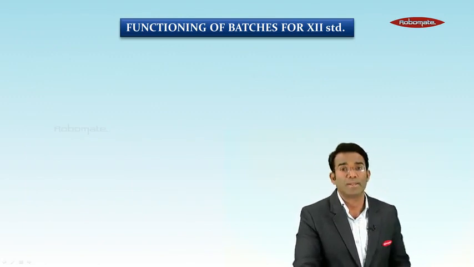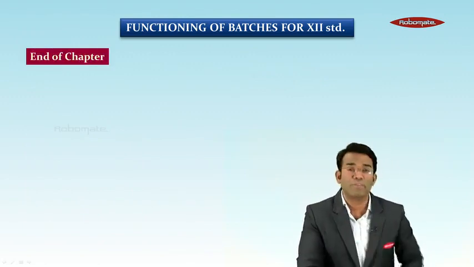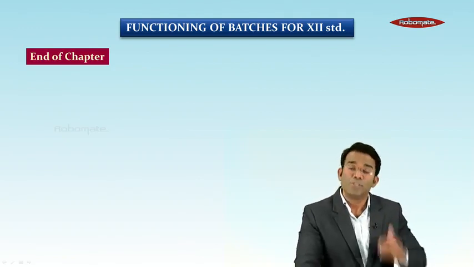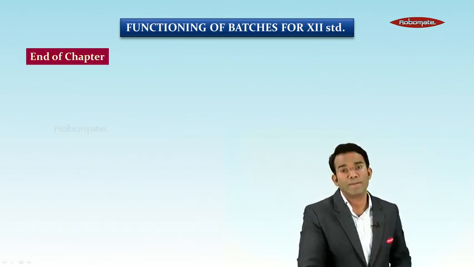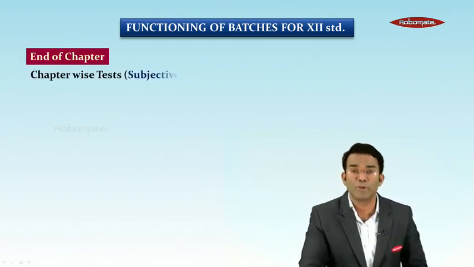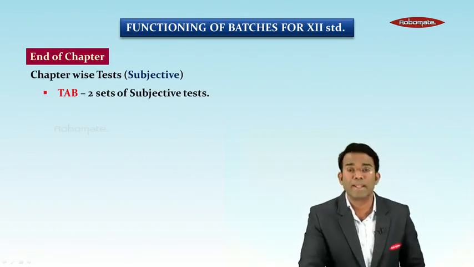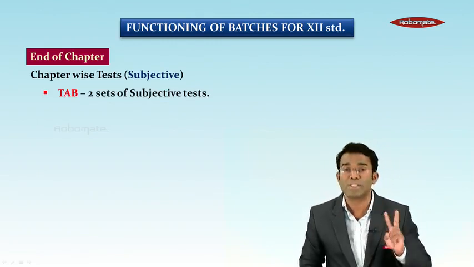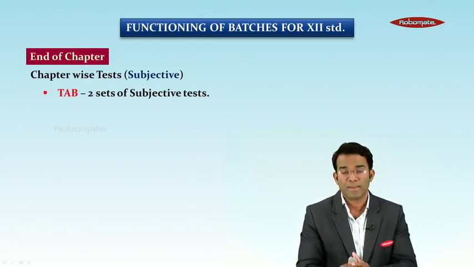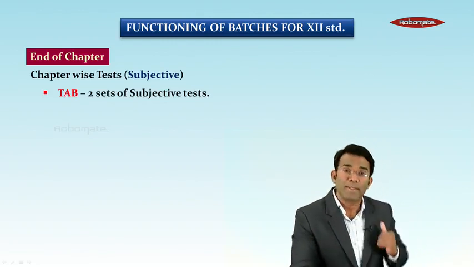But along with that, we feel that at the end of a chapter, when a chapter gets completed, at that time also its test should happen, a subjective test on the board pattern. So for that, in your tablet that is given to you, you have 2 sets of subjective tests and these tests are locked. These tests get unlocked only by the teacher.